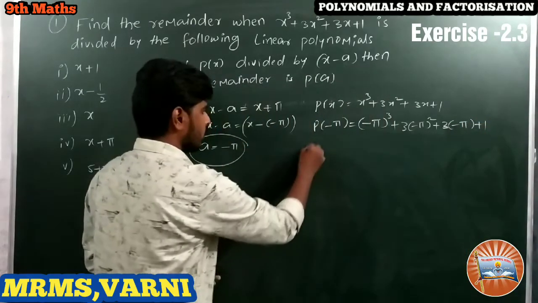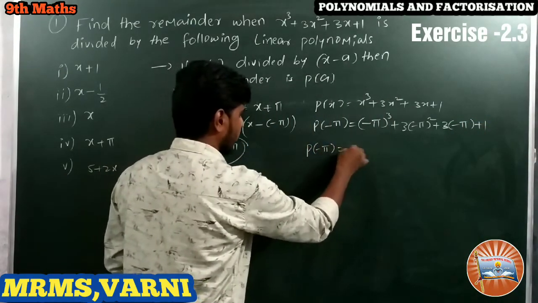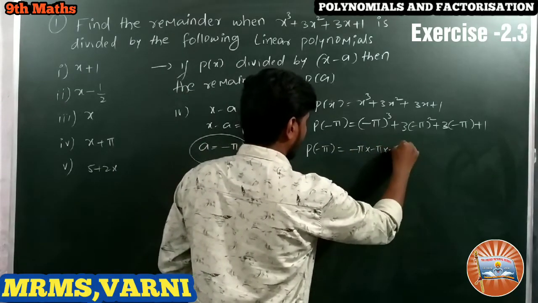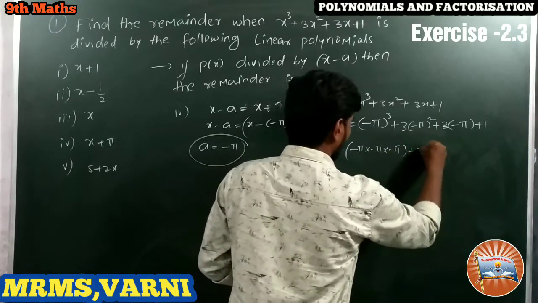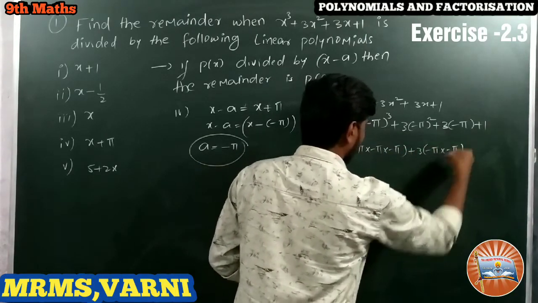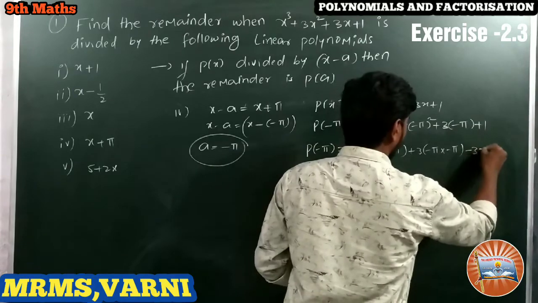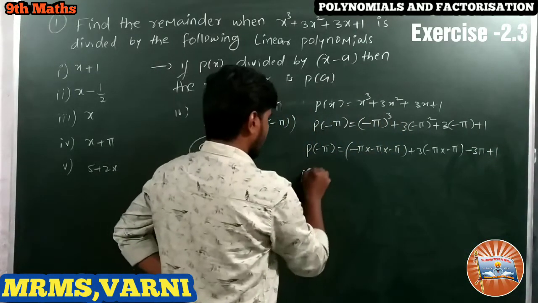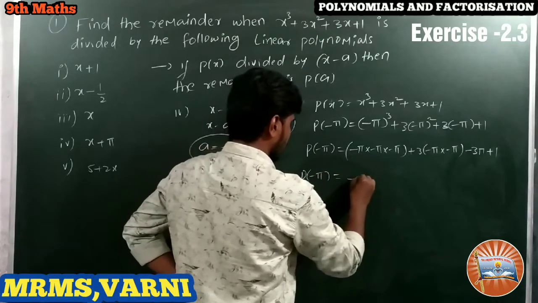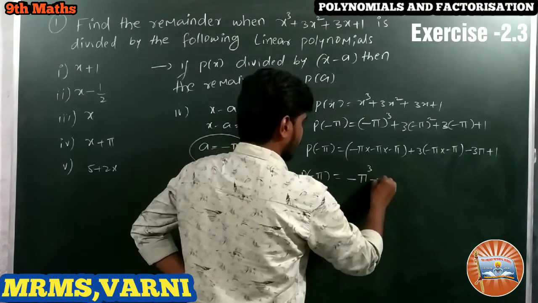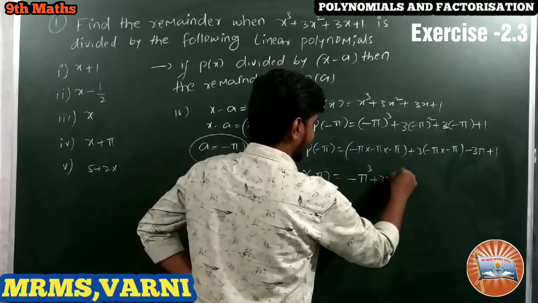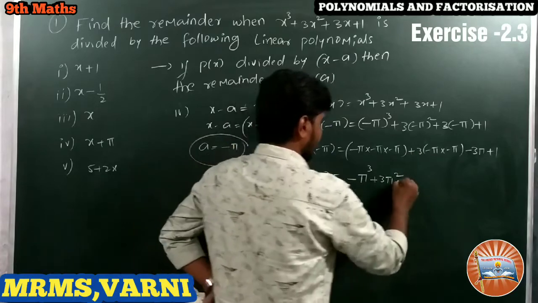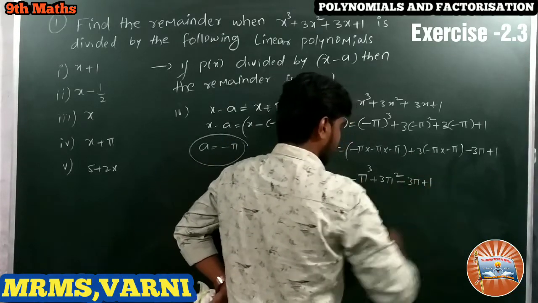Okay, what becomes of p of minus pi? It is minus pi cube plus 3 pi square minus 3 pi plus 1.